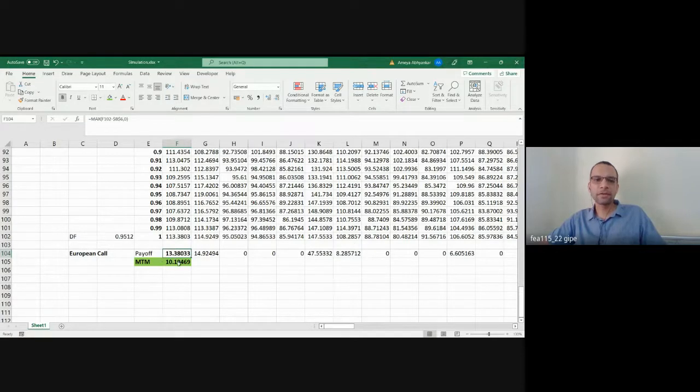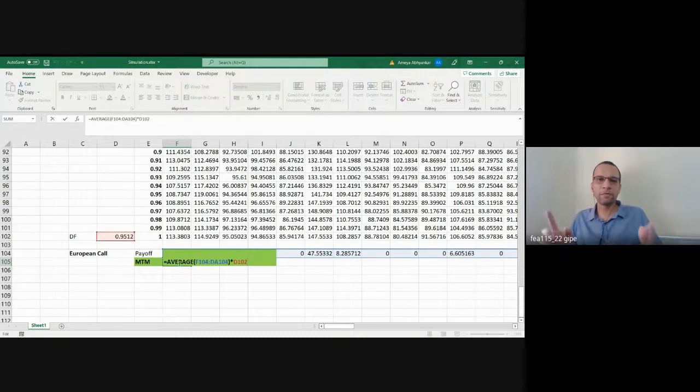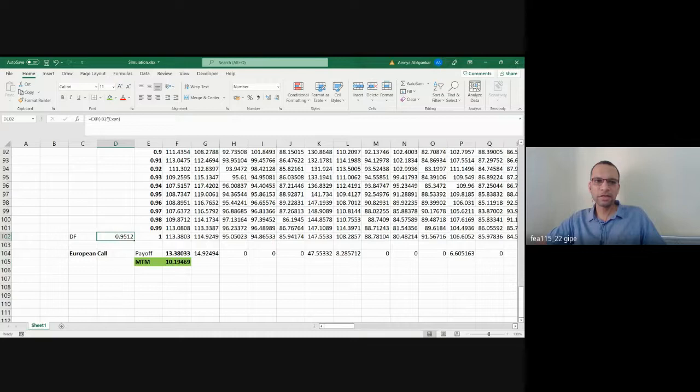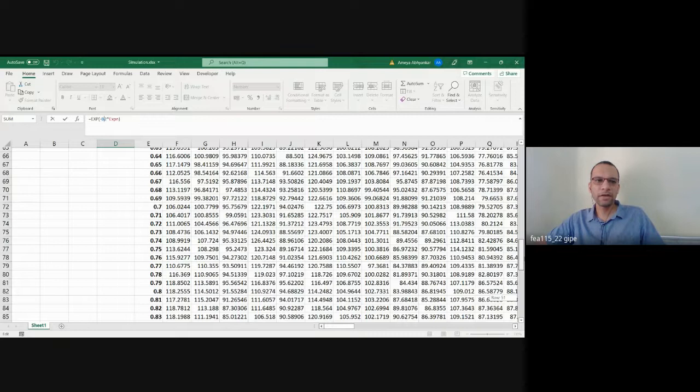Next, I need to take an average of these payoffs because I have that many paths. As I mentioned, I would want to average my payoffs and then take the present value. So I take the average of these payoffs across each of the paths, and I multiply it by the discount factor. The discount factor is required because I want to present value things. For that, I need a discount factor. I've used continuous discounting, e raised to minus RT. So minus B2 is my interest rate and expiration is the time.